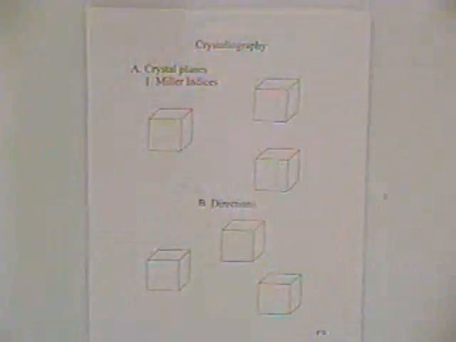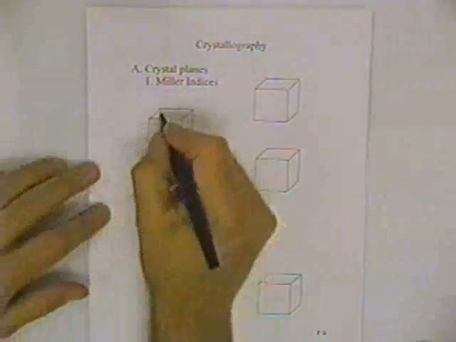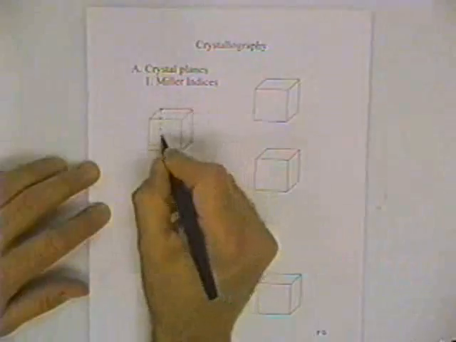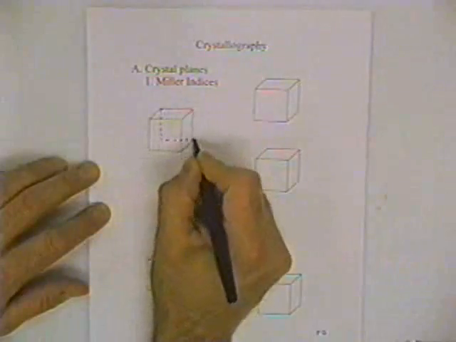And this is done in terms of Miller indices, and we'll work a couple of examples here. I would recommend that you might practice on some of these on your own. Now, with the little units that I have here, we'll put the origin at the back.